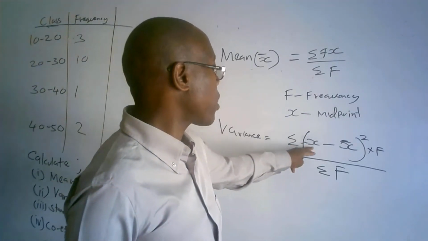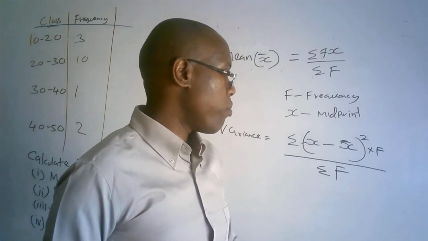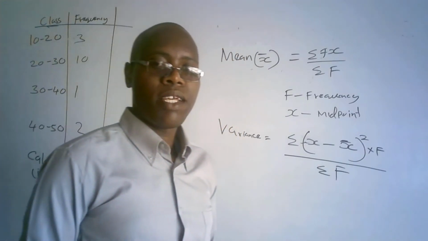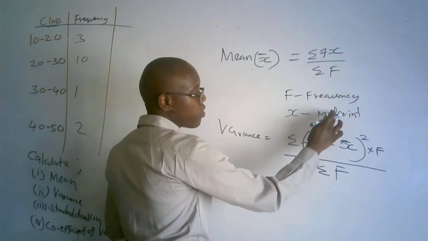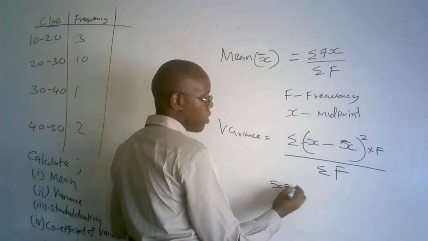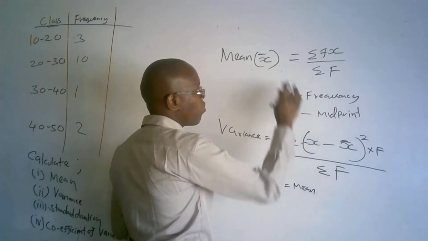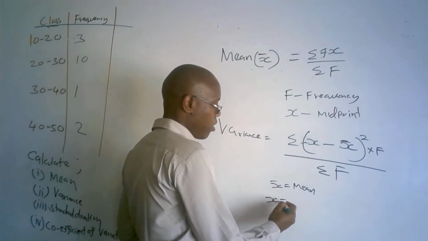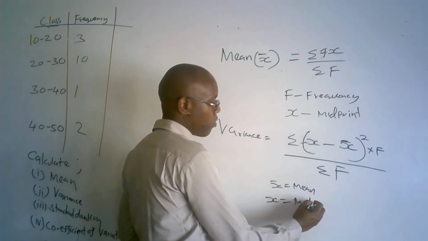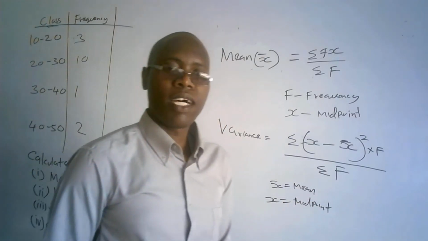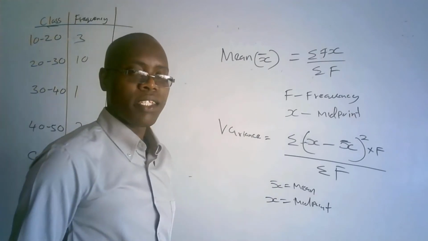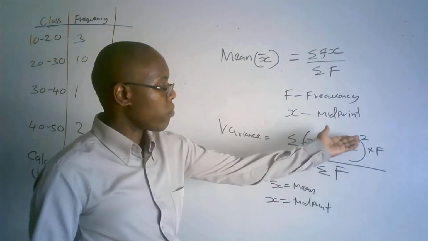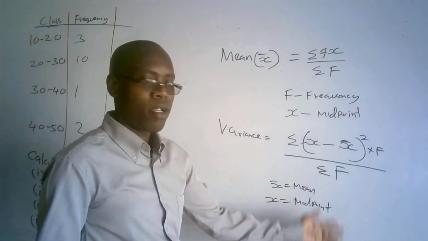So the variance is the summation of x minus x bar squared, multiplied by the frequency, and then divided by summation of f. In that case, f is the frequency, x bar is the mean, which is the answer we got earlier, and x remains the midpoint.